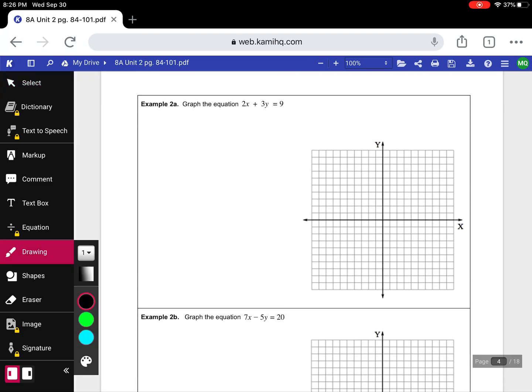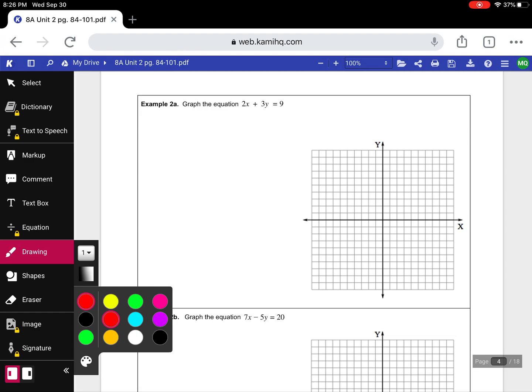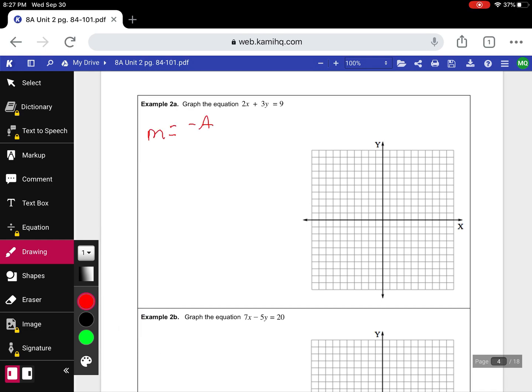Next page. We're moving right along here. Graph the equation 2x plus 3y equals 9, okay? Rather than do my y and x intercepts, I'm going to convert this to slope-intercept, but I'm going to use the shortcut I just taught you. We know m, or my slope, is negative a over b. We got a, b, c.